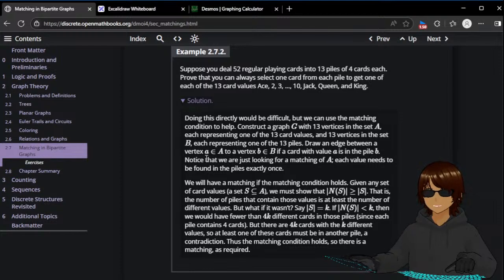Draw an edge between A and B if a card with value A is in pile B. Notice that we are just looking for a matching of A. Each value needs to be found in the piles exactly once.